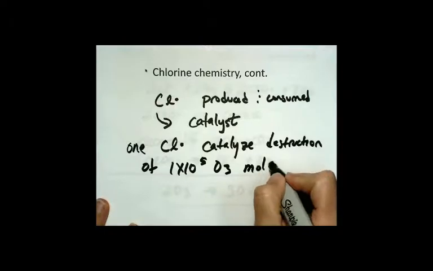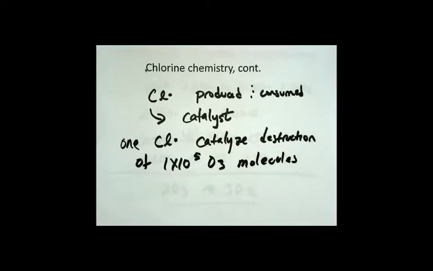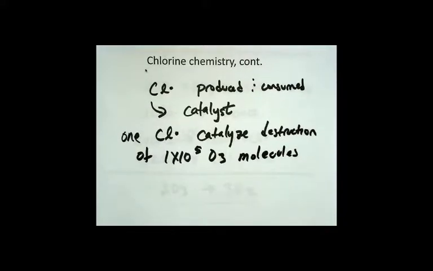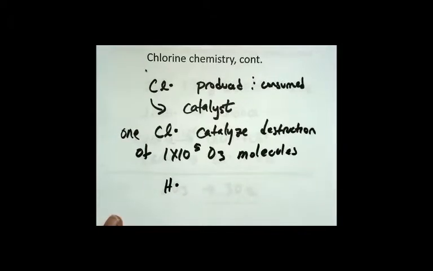All right, so it's a catalytic effect. A very, very small amount of chlorine can do a lot of damage. And then it's either going to be carried back down to the lower atmosphere as it continues to move around, or it can also be removed from the cycle by reacting with the hydrogen free radical. We know there's hydrogen free radicals up in the stratosphere because of the water vapor that's present.